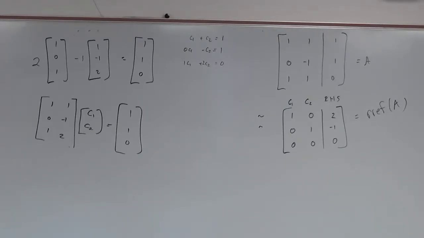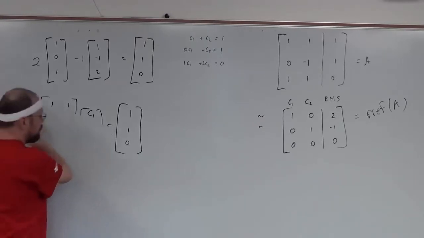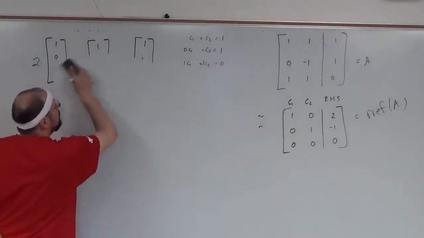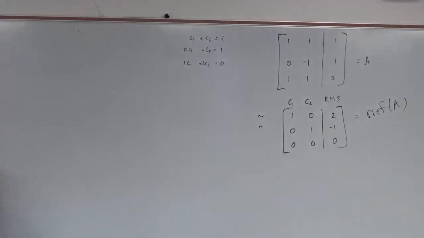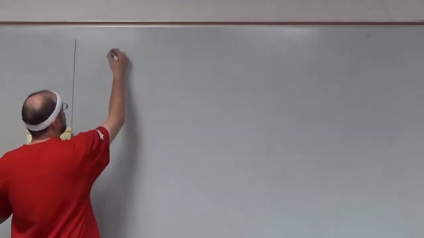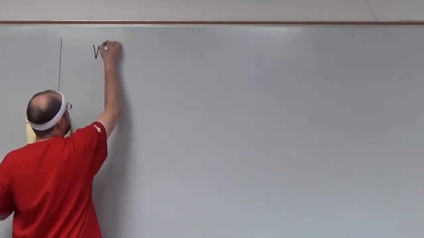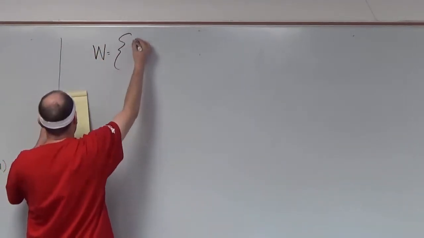How would I check, if you have, let's say, two different sets of vectors, whether they span the same space? How could we do that? So we have, let's say, set W. This is a new example.